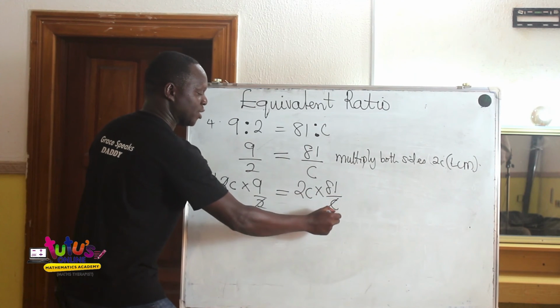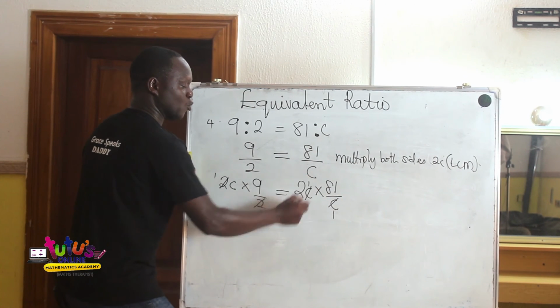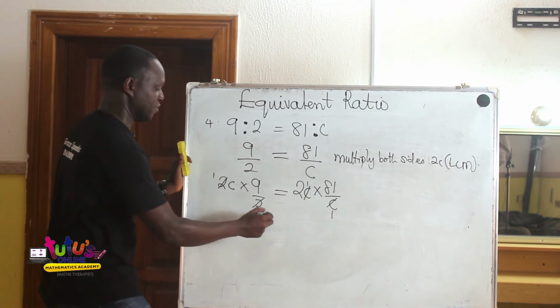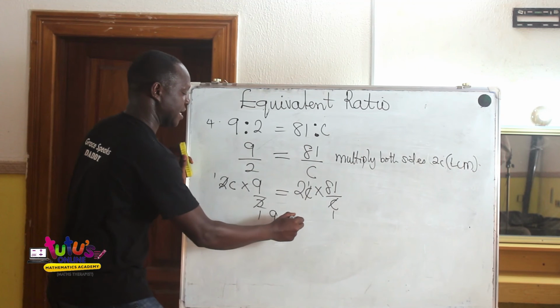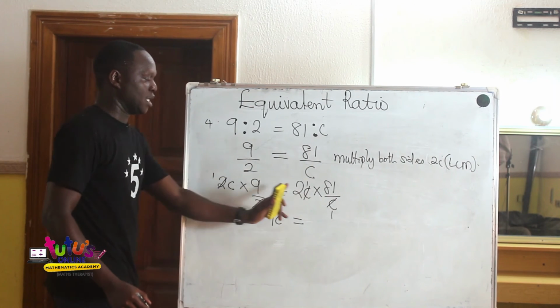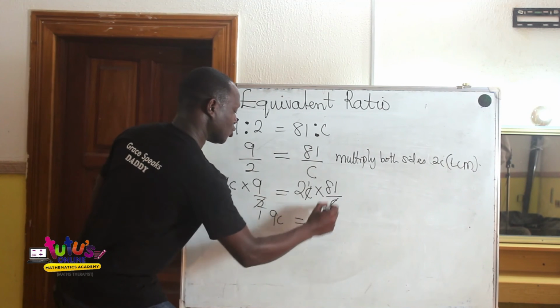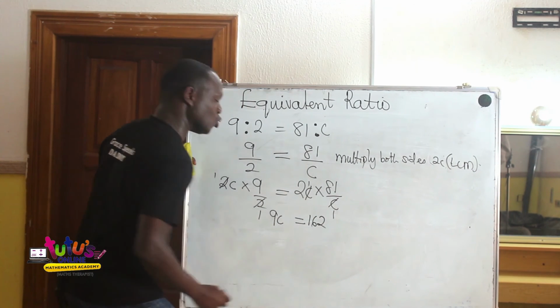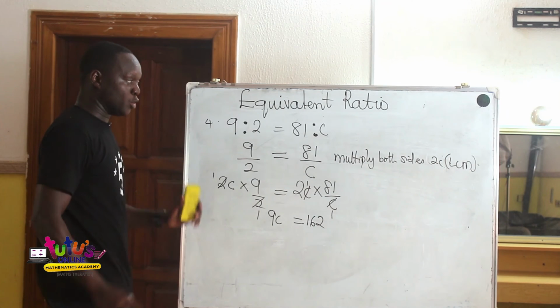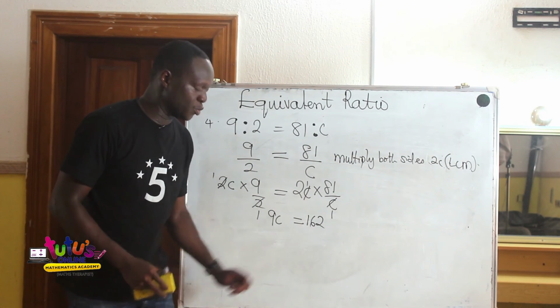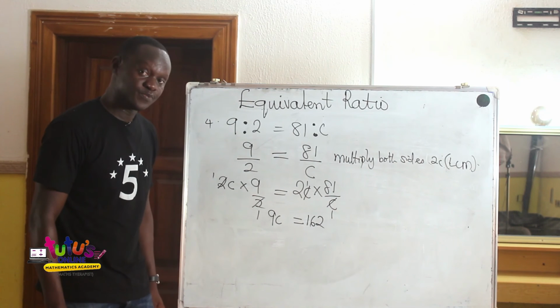Now C here is 1, C here is 1. C times 9 gives us 9C equal to 2 times 81, which gives us 162. Now what do you do from what we did in the last question? We're having 9C equal to 162.